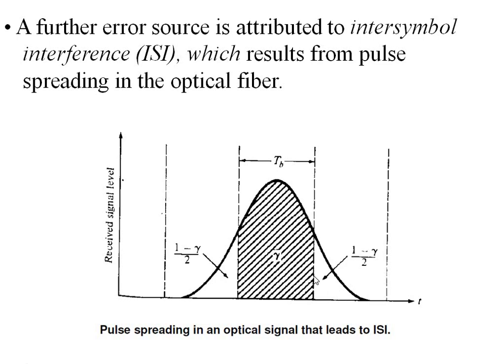In this figure, the parameter gamma designates the fraction of energy remaining in the time slot Tb, so that 1 minus gamma is the fraction of energy that has spread into adjacent time slots. Here, on either side it will be (1 minus gamma) by 2.